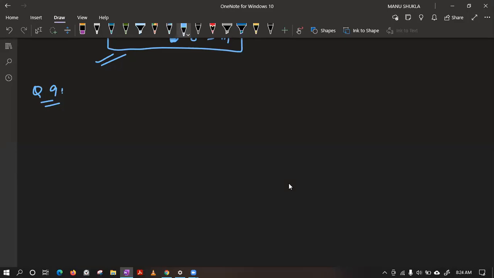Okay, so we have 27 small spheres like this of radius small r, or you can say r1, r2, whatever you want to say.